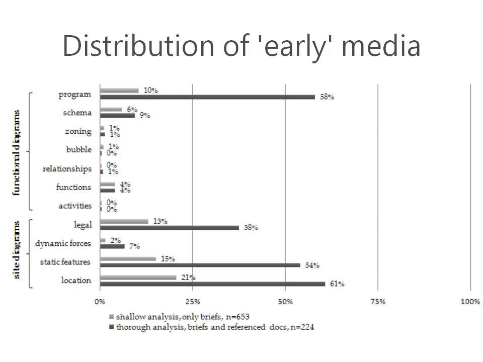So this is what I found. In total, I found that you more or less always had a spatial program. In the shallow analysis, you couldn't find that, of course, because it's no graphics. It's a table. So in 10% of the cases I reviewed shallowly, I found something like this.